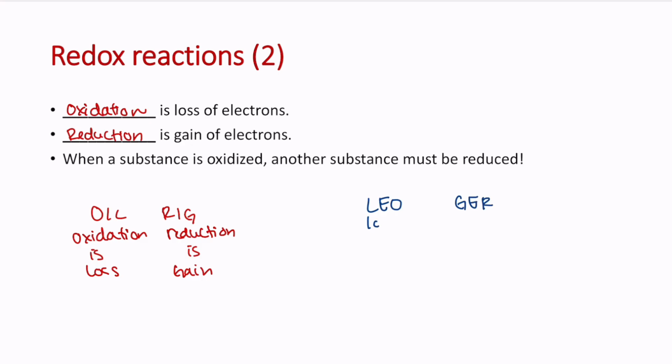So loss of electrons is oxidation. Gain of electrons is reduction. I don't care how you remember it. You can just remember that oxidation is loss and reduction is gain. Just use the one that is going to work for your brain.